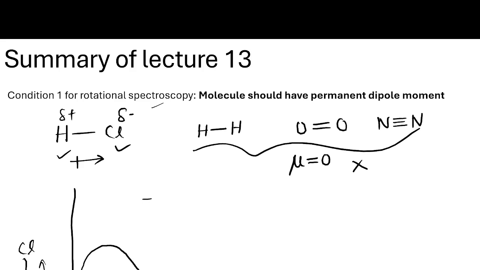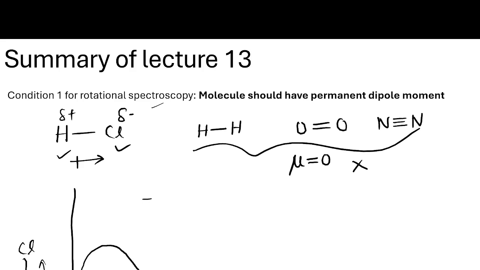In this case you will have this configuration. So simply by rotation, the direction of the dipole moment is changing, and it's generating an electric field, because you see this molecular rotation.